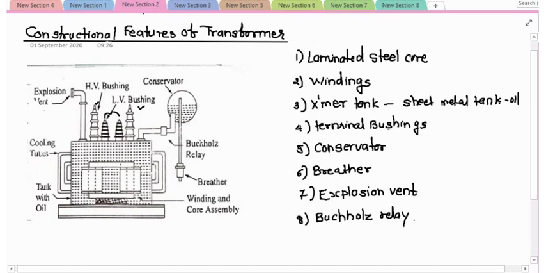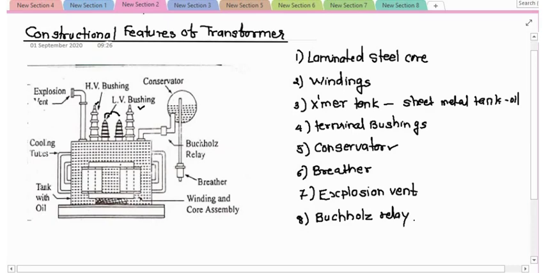Then the next part is nothing but the conservator. In a transformer, provision of some space above the oil level is always essential to take up the expansion and contraction of the oil with change in temperature when your transformer is in service. So when the transformer becomes warm, what will happen?